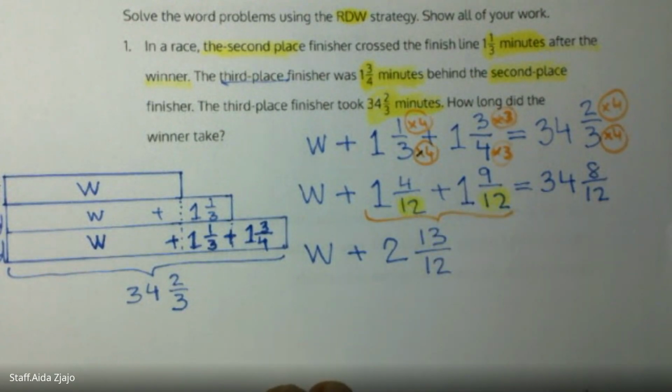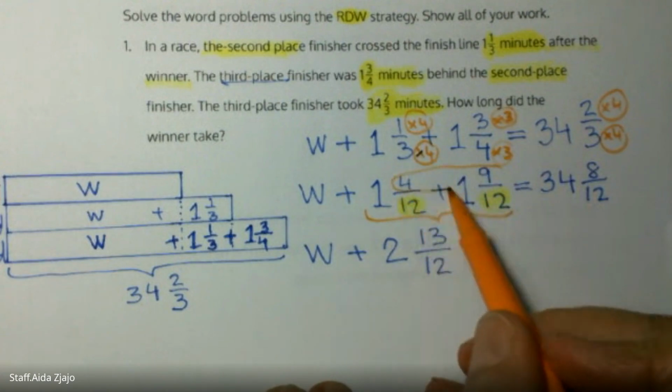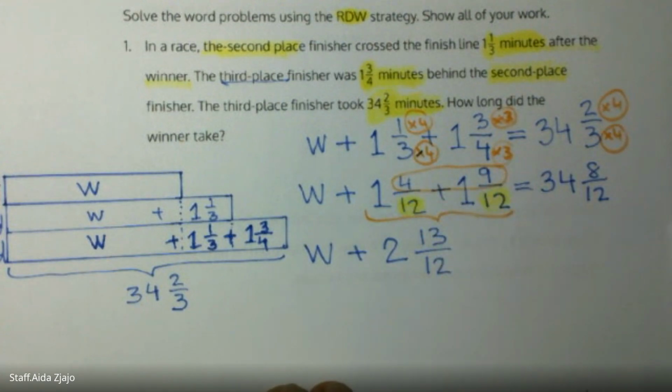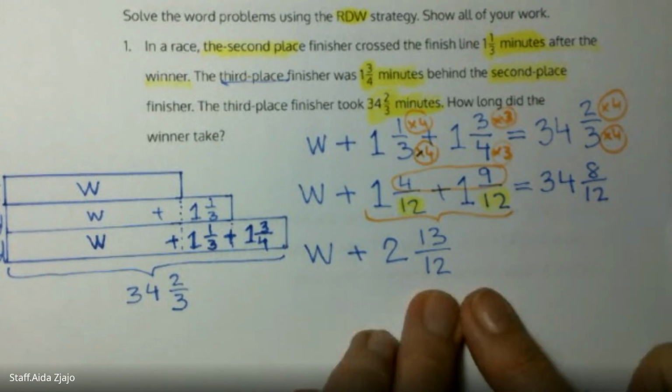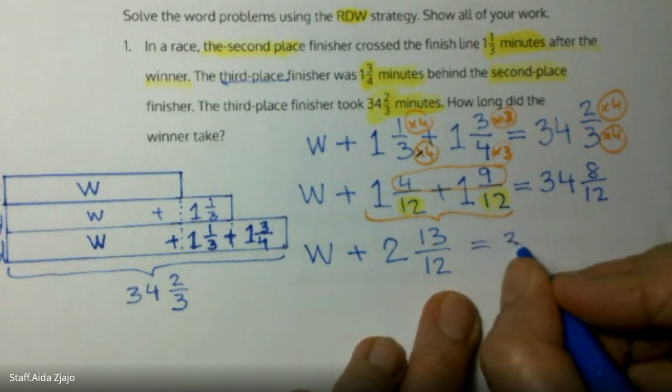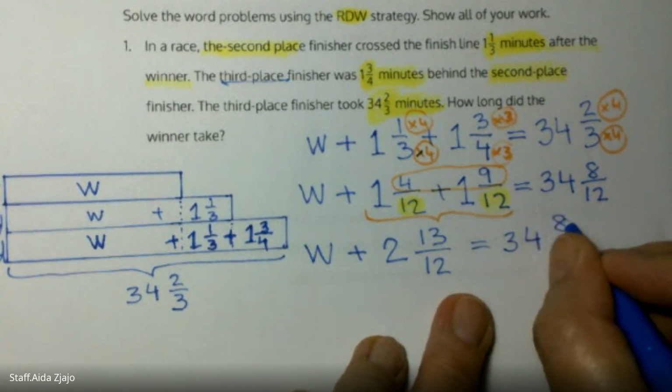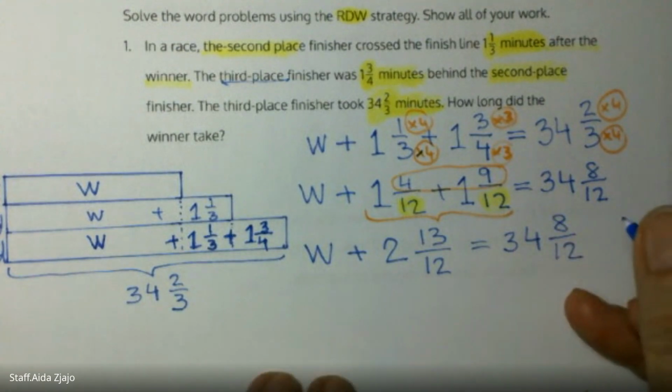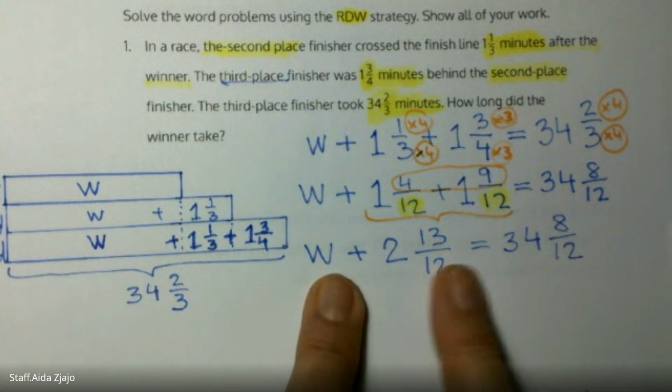How many do we have? 4 plus 9 is 13. So 13/12 must equal 34 and 8/12.